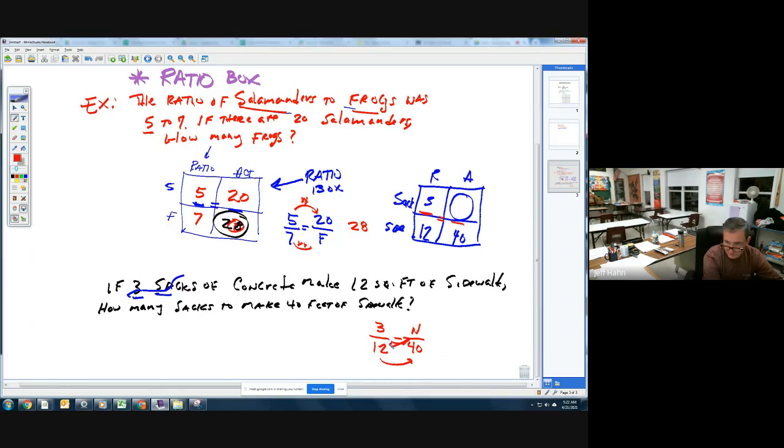So 12 times some number equals 3 times 40, which is 120. I'm going to divide by 12. If I divide 120 by 12, I get 10. It would take 10 sacks of concrete to make 40 square feet of sidewalk.